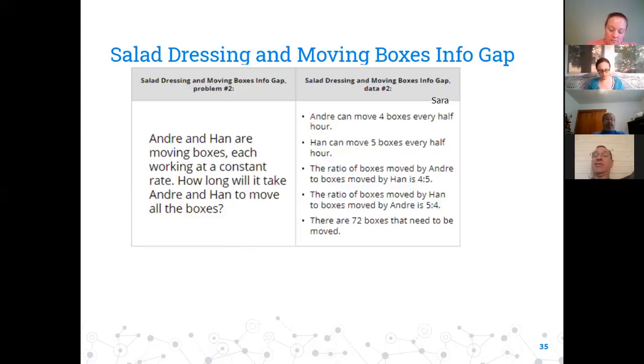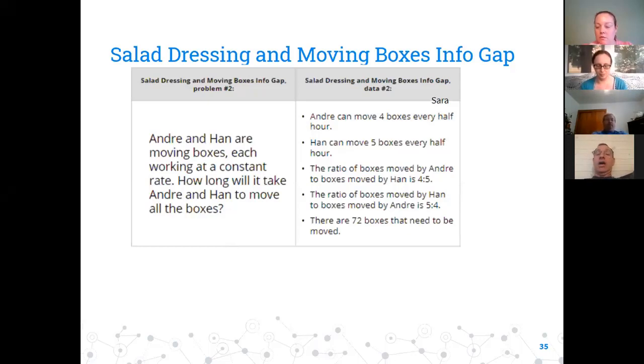So that is a function of boxes being moved over time, which is a rate. Can you be more specific in your question? Like, who is they?